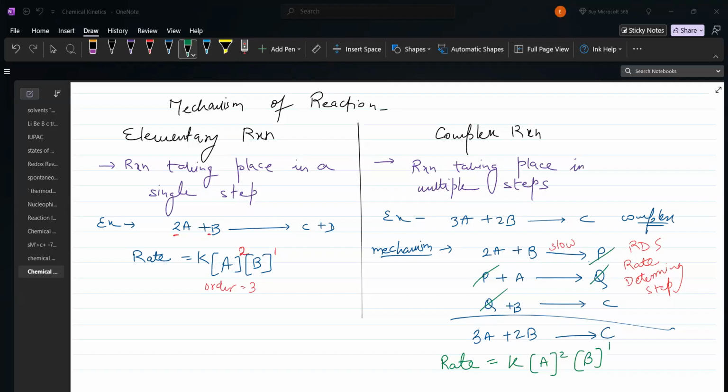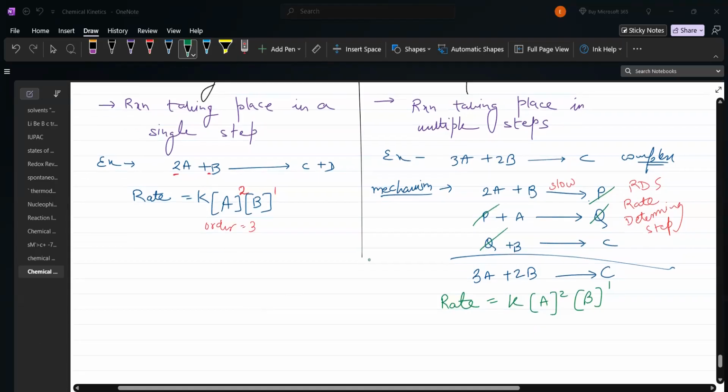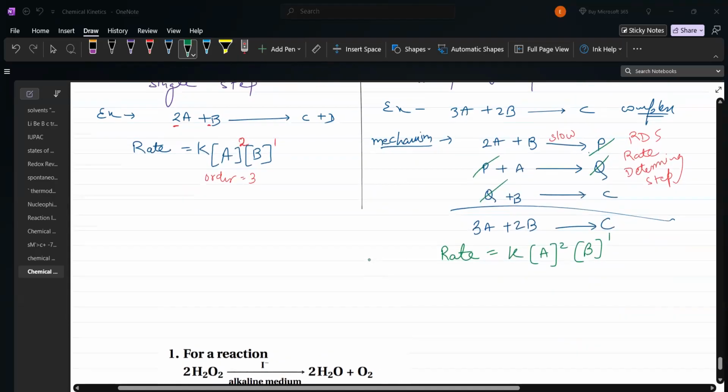So we have to check once to be sure. Your electrochemistry is also done. Carboxylic acid is done. Most of the portion is done. Okay, you have copied. Done, understood?